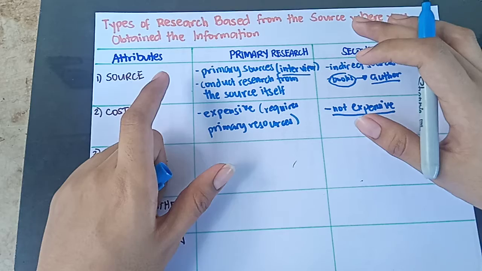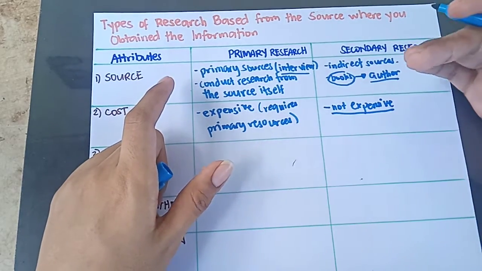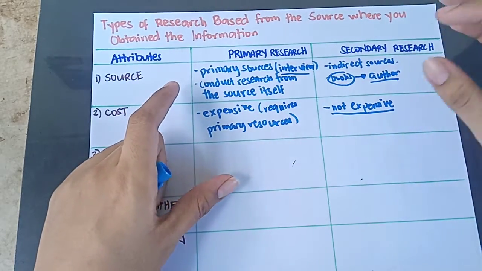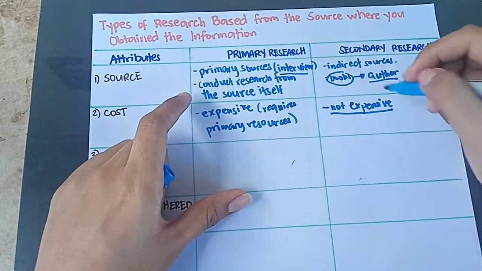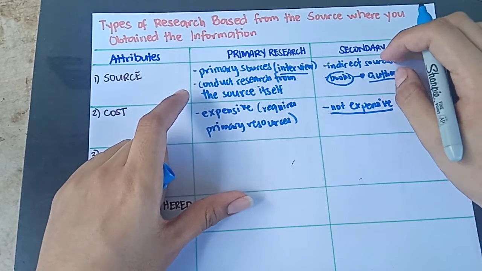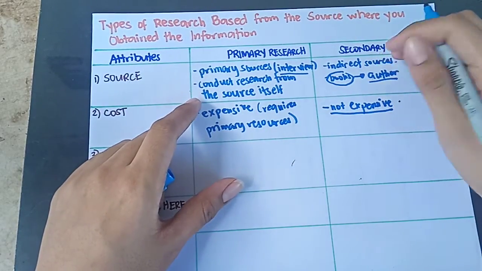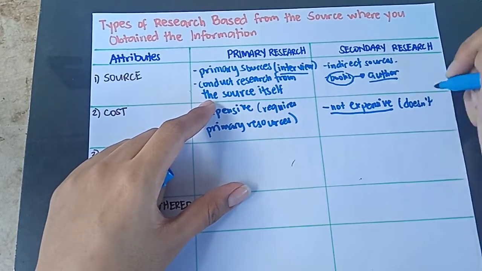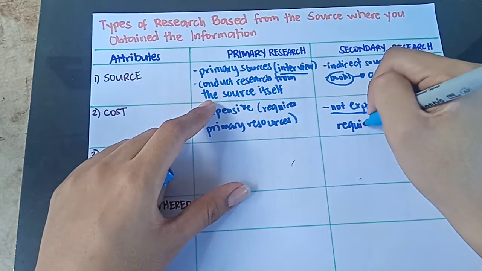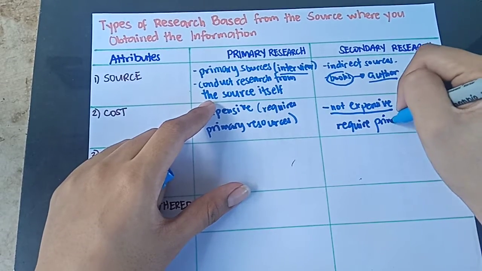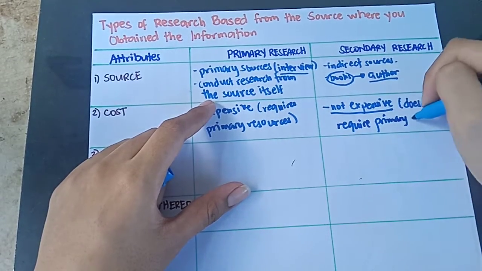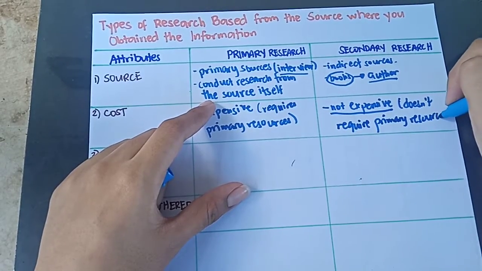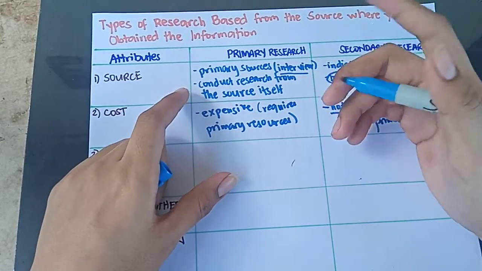You do not have to make an effort to release large amounts of money. That is why secondary research is less expensive than primary research, because it doesn't require primary resources. You can have the access already online or published.